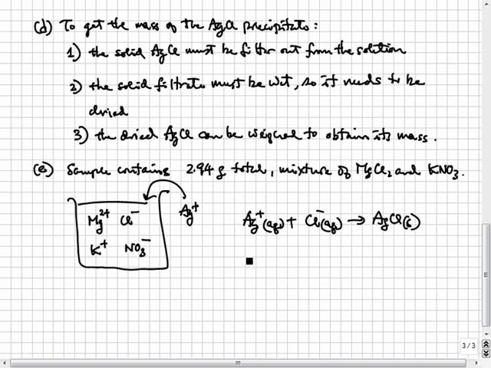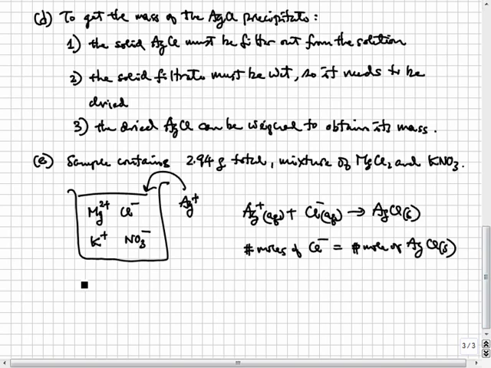Determining the number of moles of Cl- will therefore give us the number of moles of MgCl2 originally in the mixture. The mass of the AgCl precipitate is 5.48 grams.